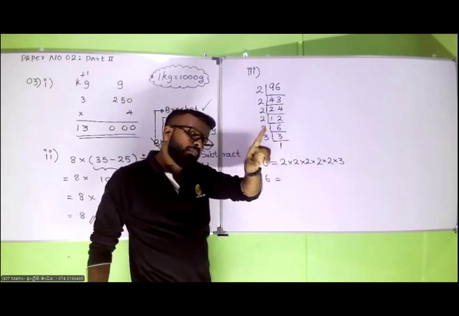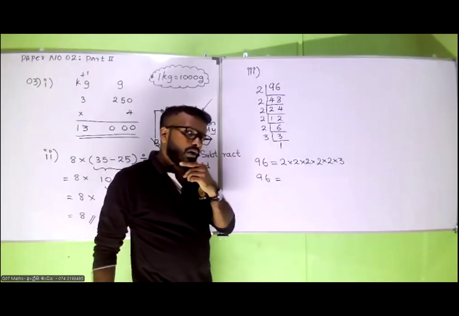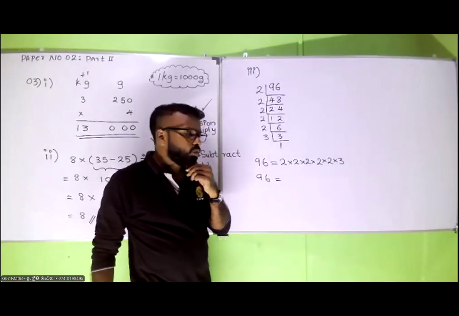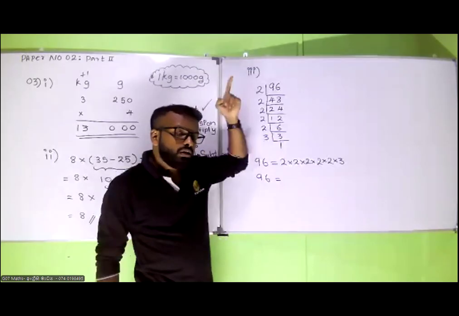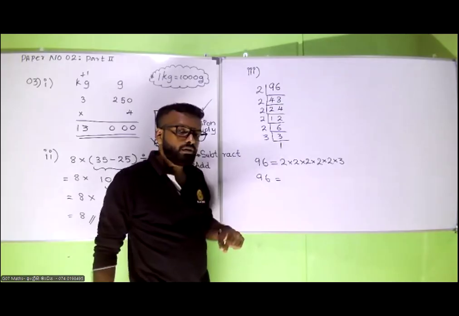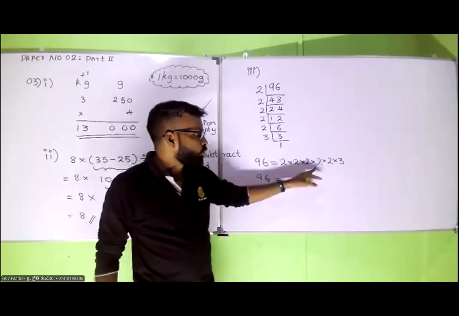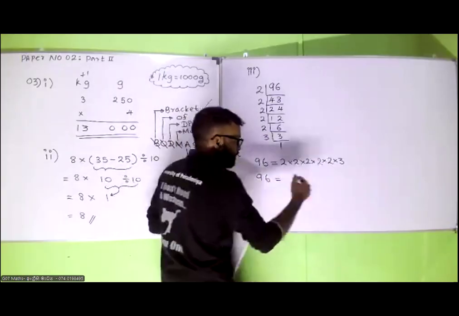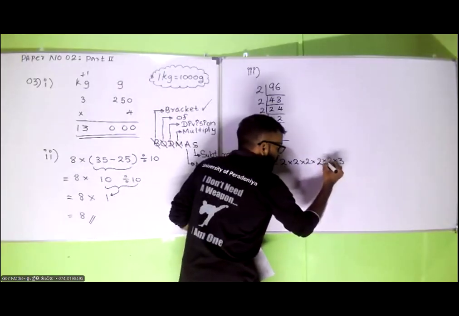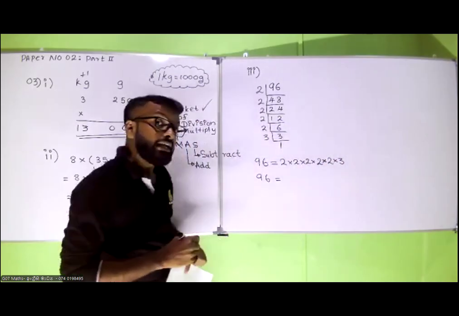If we have the same base, what can you do for the index or what can you do for the power here? If you have the same base, 2, 2, 2, 2, how do you write these in index form?